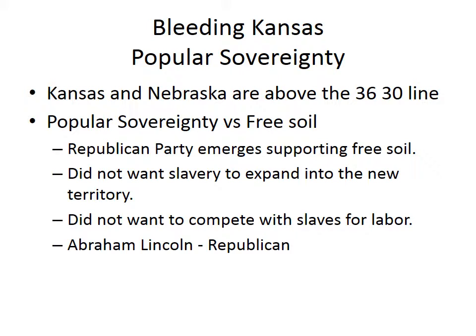People who supported slavery and people who supported free soil or the free states are going to flood into Kansas and Nebraska, and it is literally going to become a battleground. They were firing on each other, getting involved in brawls, even burning down some buildings. And that's why we call it Bleeding Kansas.